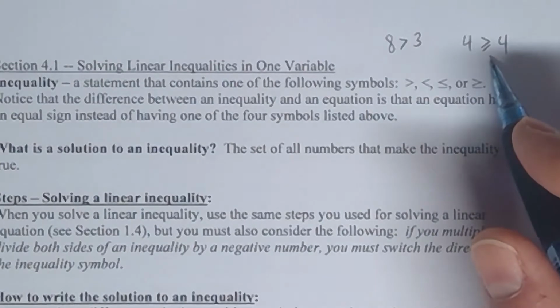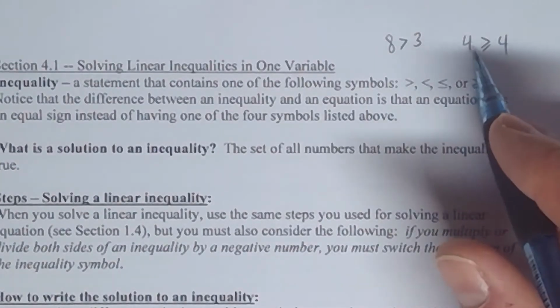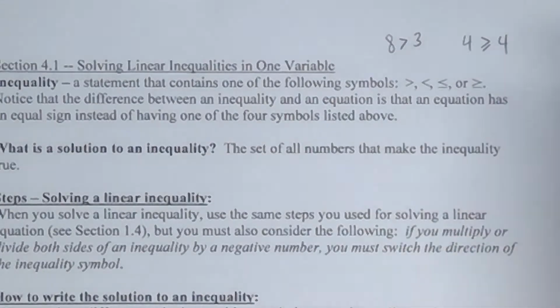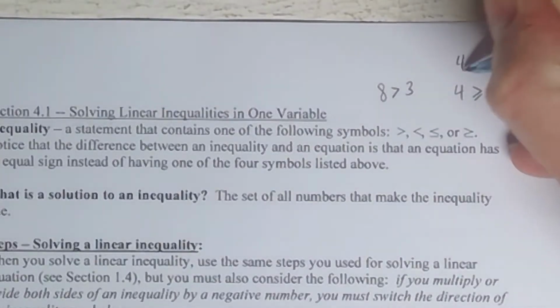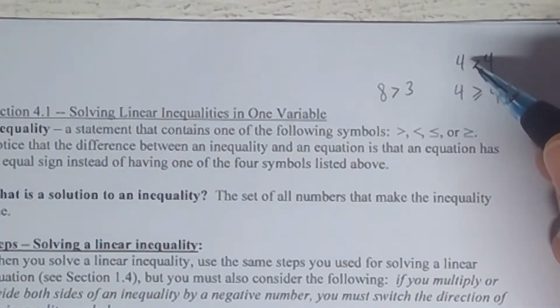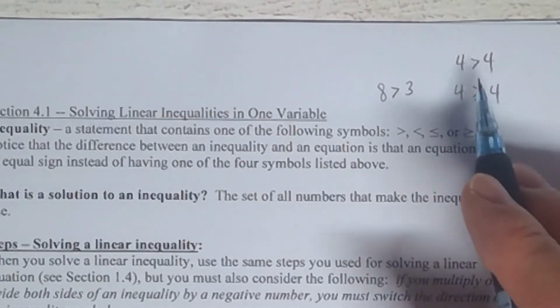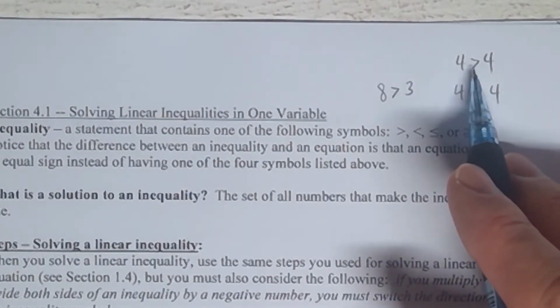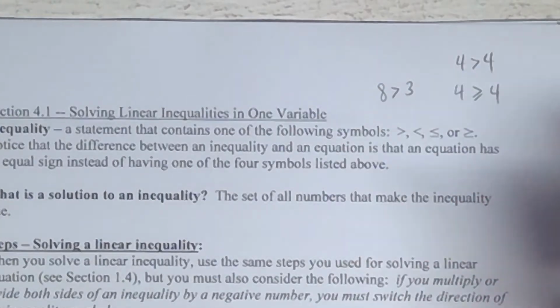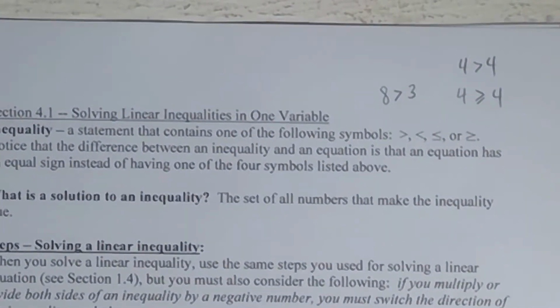It could be either one in order for it to be true. So this is a true statement because the equal to part is satisfied. 4 and 4 are equal. But if it had said 4 greater than 4, now that would be false, because it only opens up the possibility that 4 has to be greater than in order for this to be true, and clearly it's not. So that's going to affect our answers a little bit.